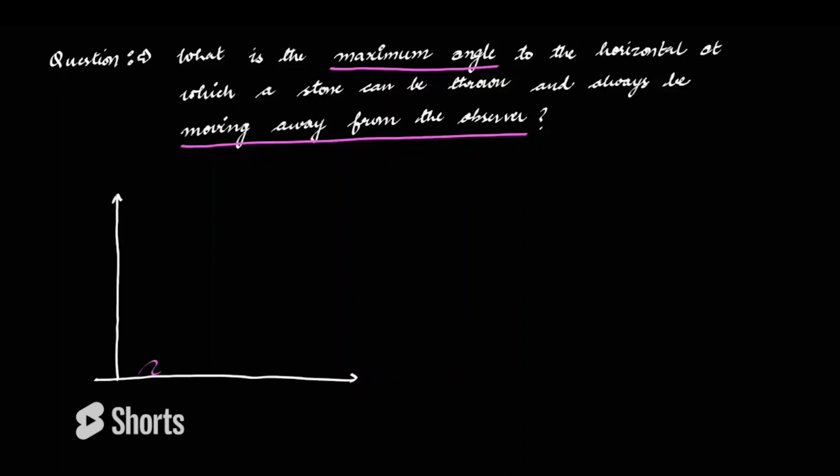If I take a vertical motion case, a particle moves up, so it is moving away from the observer. So if you are standing or sitting at the origin, the particle is moving. When it is moving up, it is moving away from you, and when it is actually coming down, the distance between you, which is observer, and the particle is reducing, and therefore it is not always moving away from the observer.